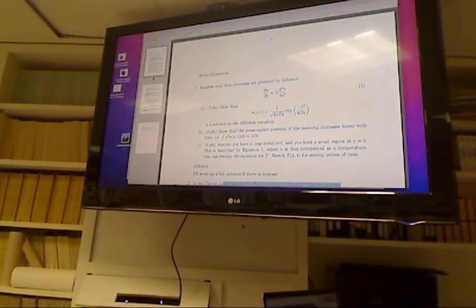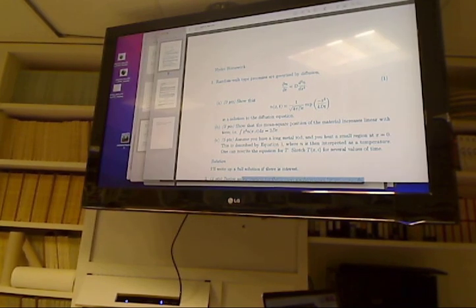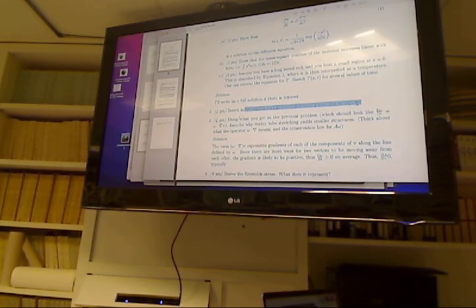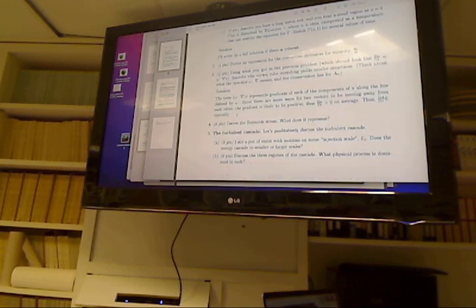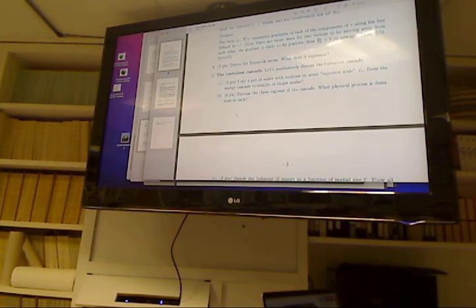Okay, that finishes the first half of the semester. Then we're on to homework 5. Vortex tube stretching, Reynolds stress, turbulent cascade.